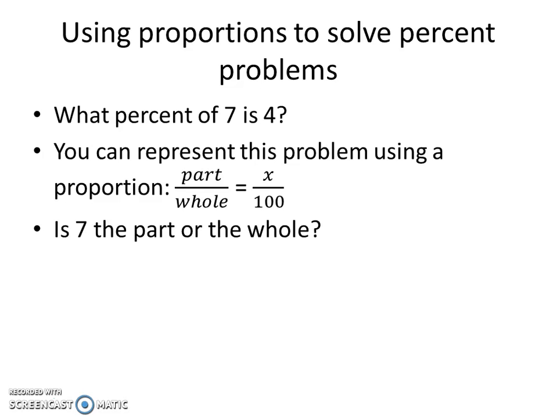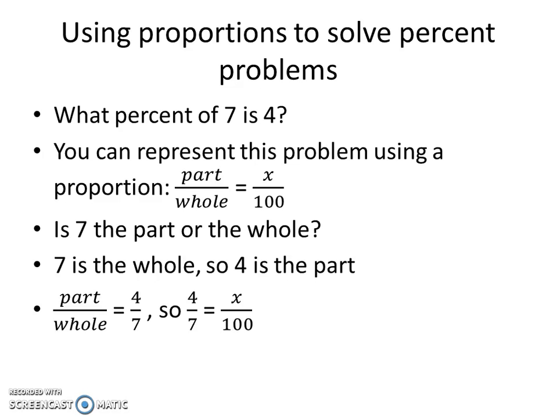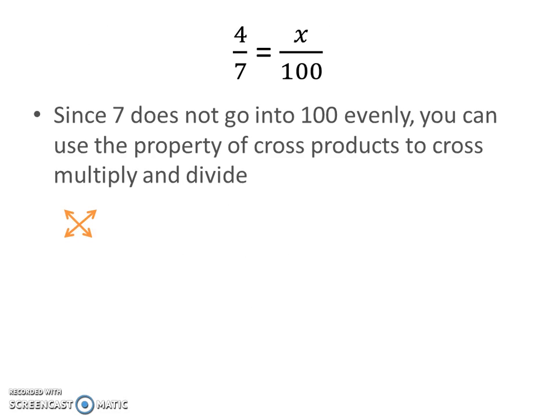So what we need to figure out is, is 7 the part or the whole? 7 is going to be the whole, and 4 is going to be the part. If we plug those into our proportion, part over whole equals 4 over 7, so 4 over 7 equals x over 100. Now we want to solve for x.